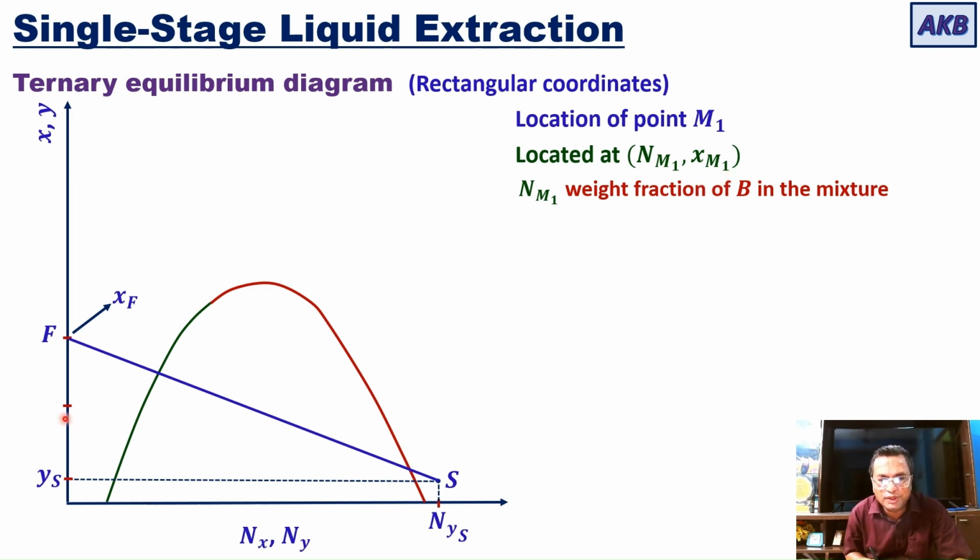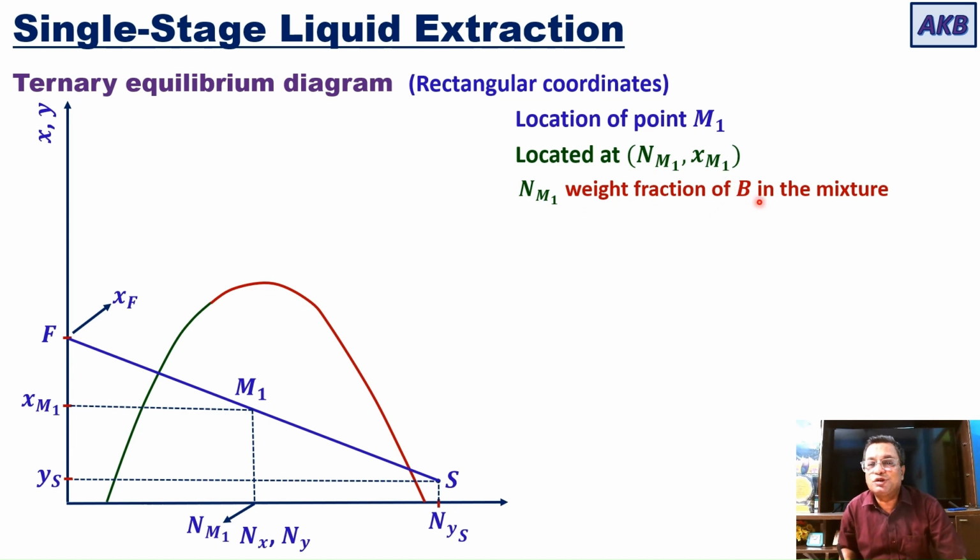Then you are going to locate xM1 on the y-axis, and then go to the line that connects points F and S. The y coordinate of this point will be xM1 and the x coordinate of this point will be nM1, the weight fraction of B in the mixture. So, this is how you have to locate point M1.